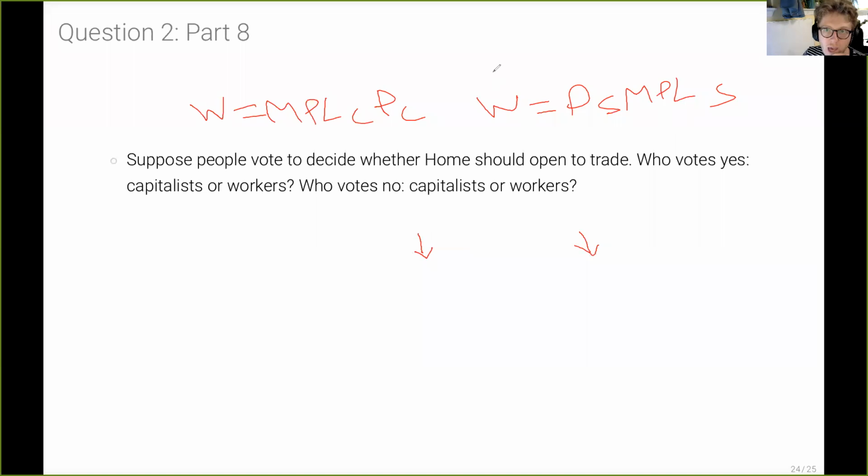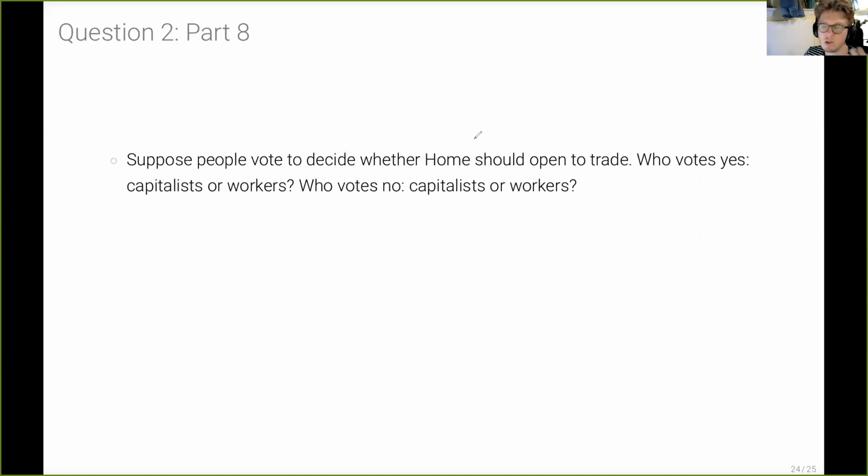So if we ask a politically salient question of whether, when you have both capital owners and laborers living in a democracy in which they can vote to decide whether or not home should open up to trade, we can think of how they're going to vote if either workers or capitalists are voting in their best interest.